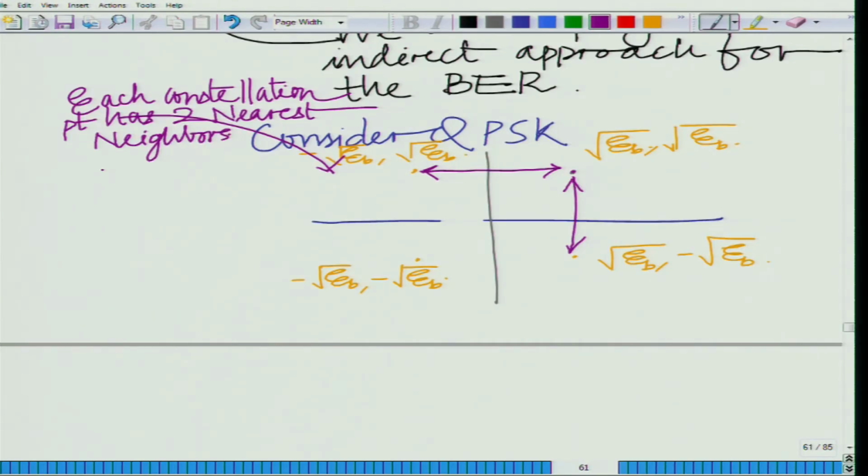Let us denote the number of nearest neighbors by alpha. So, alpha equals 2.